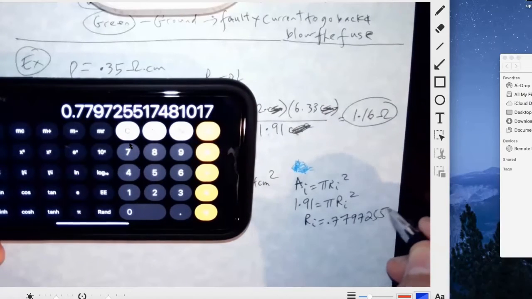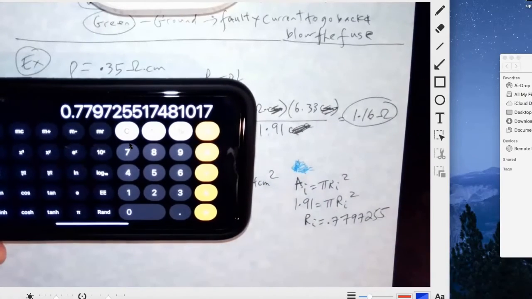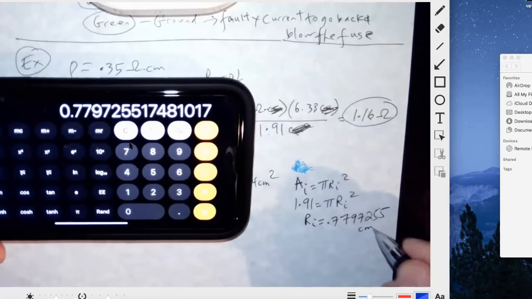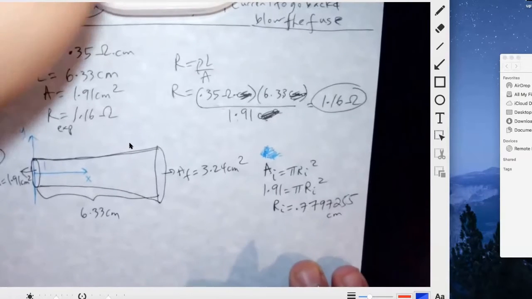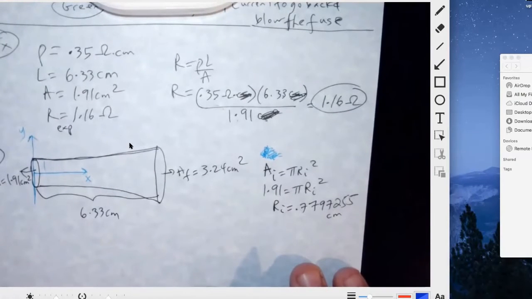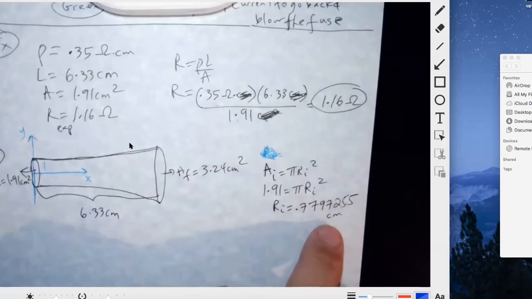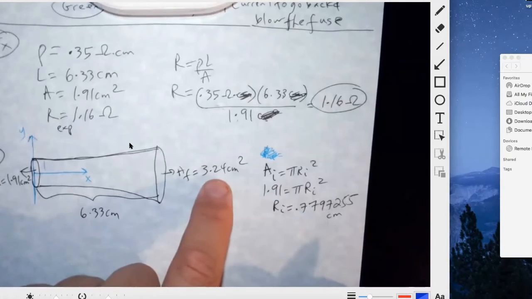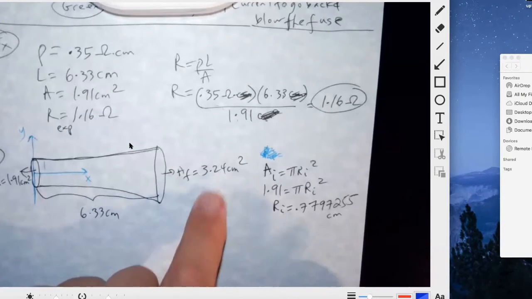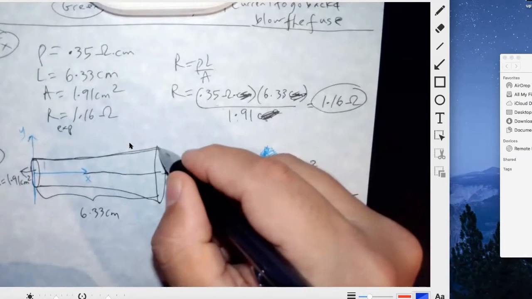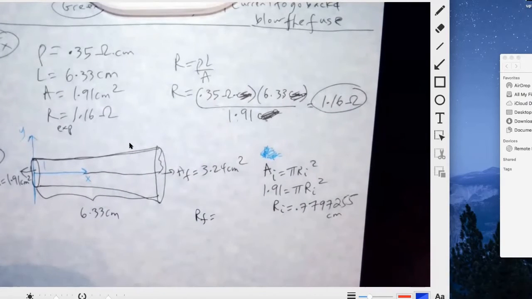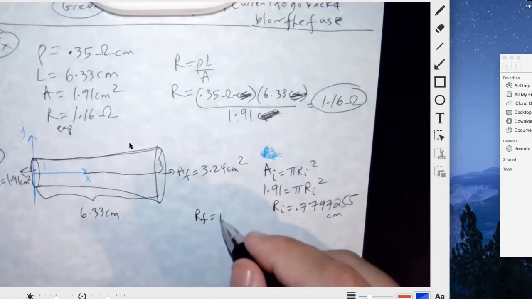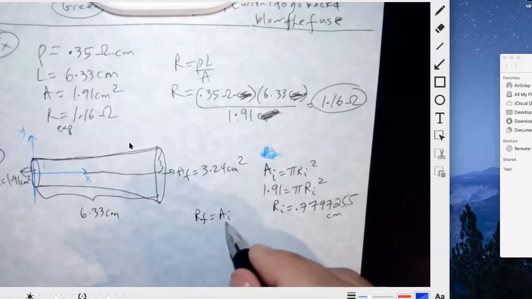Okay, so the initial radius is 0.7797255, still in centimeters, right? And then the final radius is going to be the distance from here to here. That's going to be the square root of A final over pi.